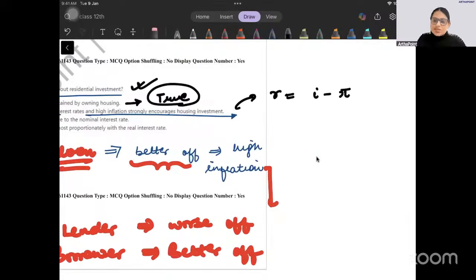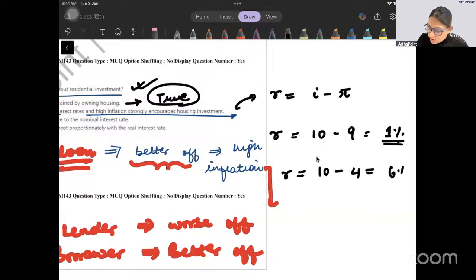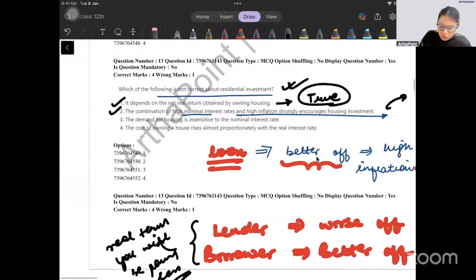Take two examples. Example one, where interest rate is 10, but inflation is 9. So you have R only as 1%. The real interest you are paying is only 1%. And example number two, where your inflation is only 4 and interest rate is high, so your real interest rate becomes high. तो अगर ये दोनों ही हाई हैं, बट ये रियल इंटरेस्ट रेट जो हम पे कर रहे हैं वो लो है, तो इट इज अ वेरी गुड investment for me, right? So this is also fine. There is no problem with this one.